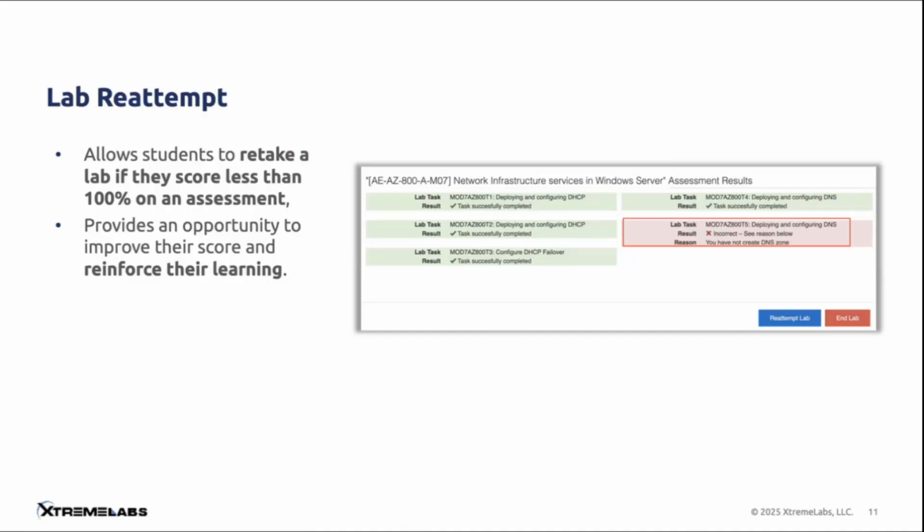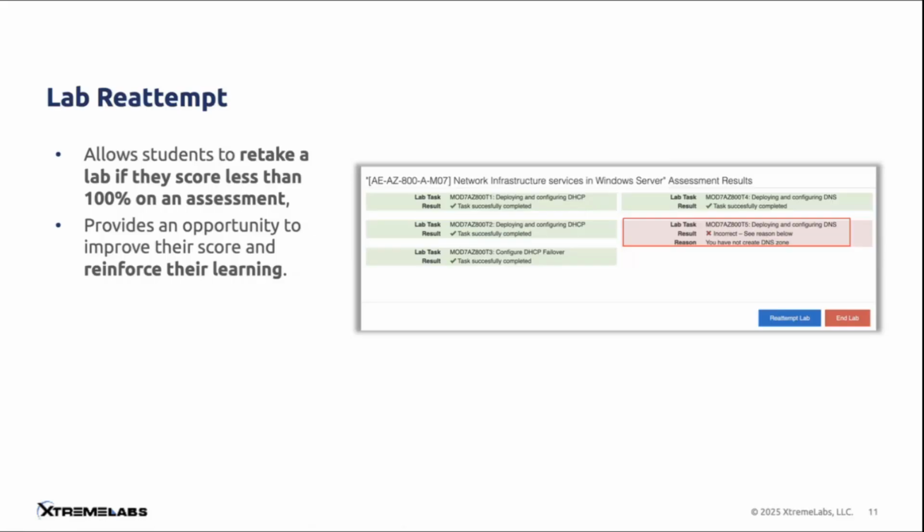Then this is the self-assessment feature which XtremeLabs is also providing to some special customers, especially academic learning partners. So when we complete a lab, we will have the option to start the self-assessment, and it will automatically display the result of successfully completed tasks.